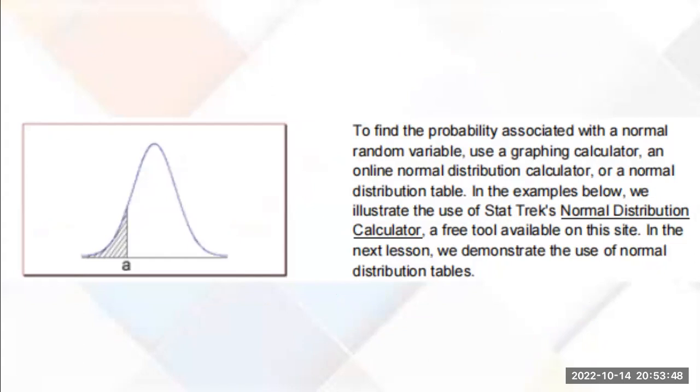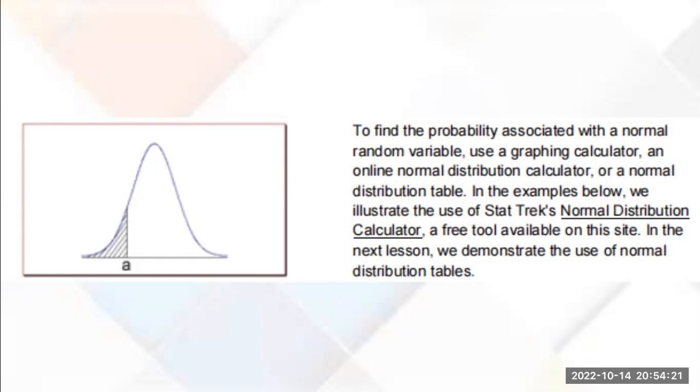Now, to find the probability associated with a normal random variable, you can use a graphing calculator, an online normal distribution calculator. Just type in Google, normal distribution calculator, or use a normal distribution table also. In the example, we illustrate the use of StatTrek's normal distribution calculator. You can type this in Google and it will appear.